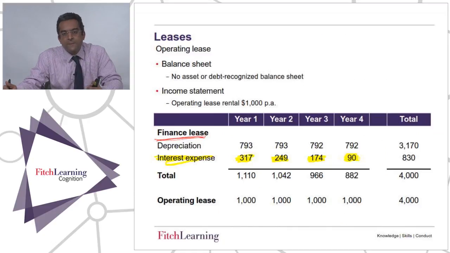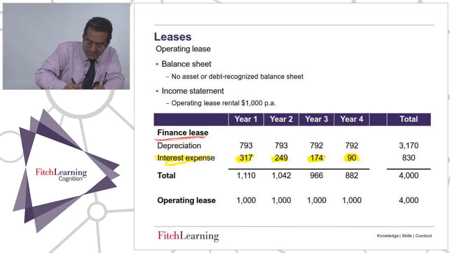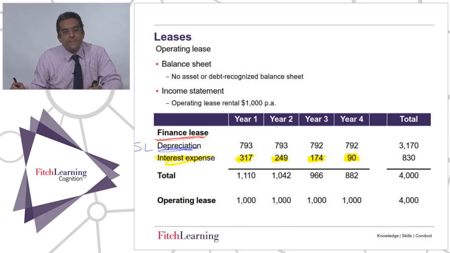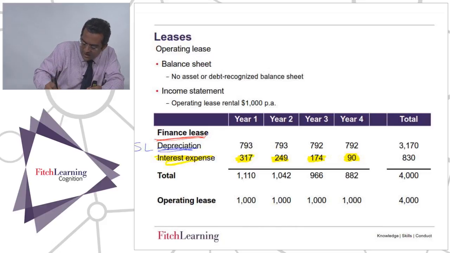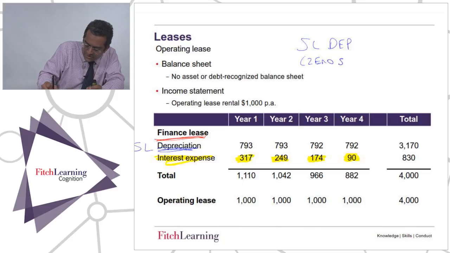Same numbers. Now, generally, interest expense on the lease does reduce because the principal is reducing, and so you have the percentage of a smaller amount. The interest expense reduces. But the depreciation expense, everybody, we haven't talked about that, is typically just done on a straight line basis. And so it doesn't change. By the way, notice that straight line depreciation is with a zero salvage value. Okay, zero salvage.